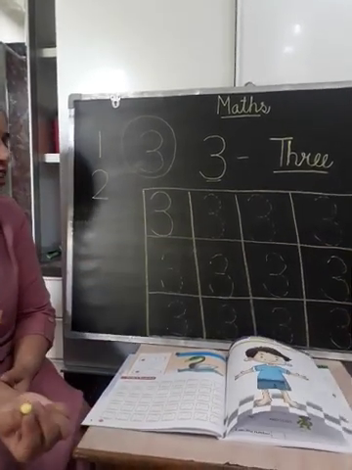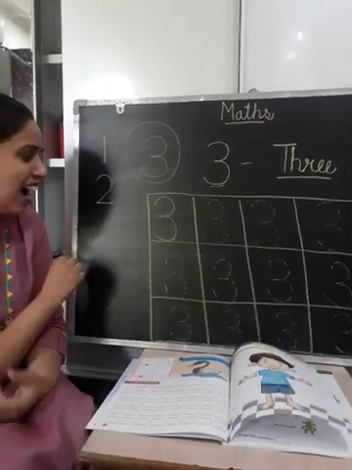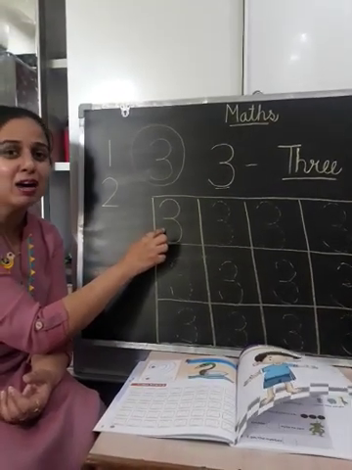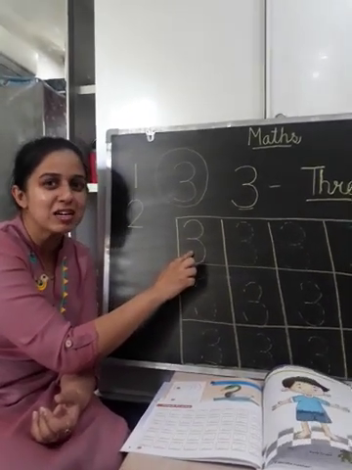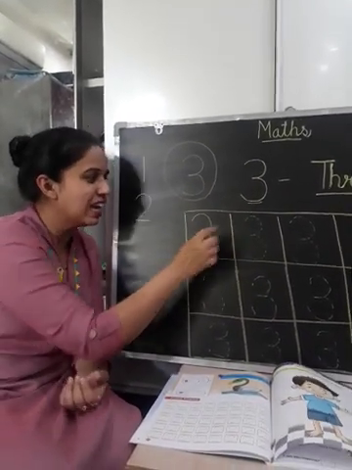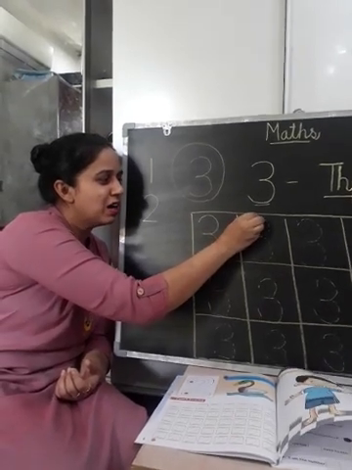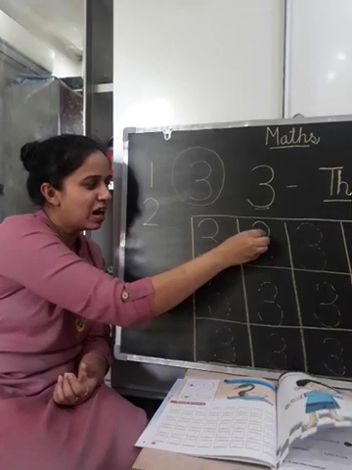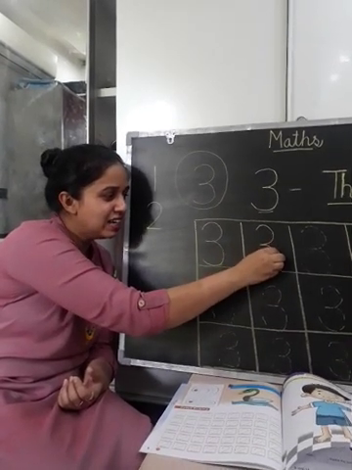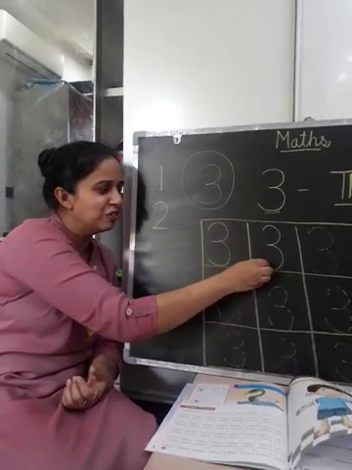Yay! Now our number 3 is done. See, number 3. Which number is this? Number 3. Now one more time. A curve, this one, and another curve.